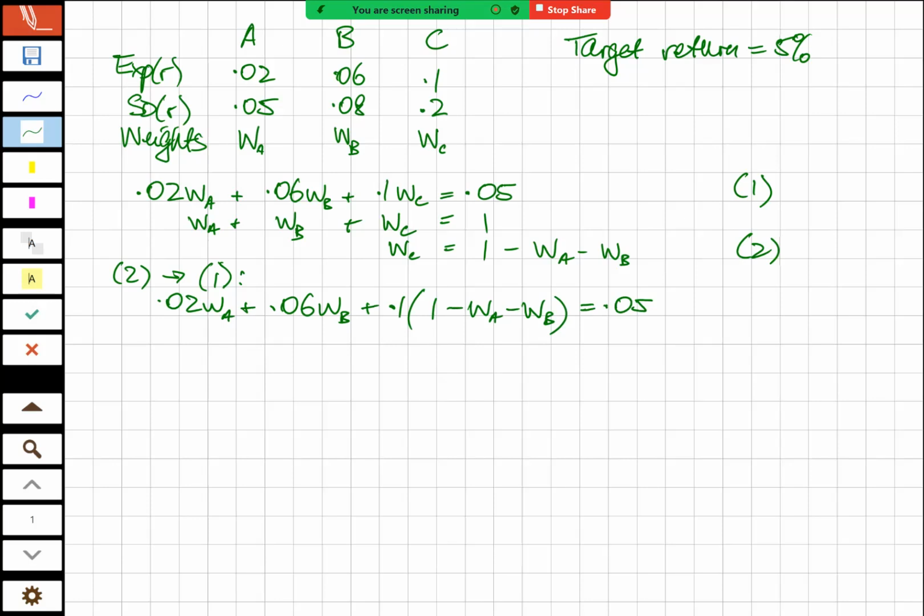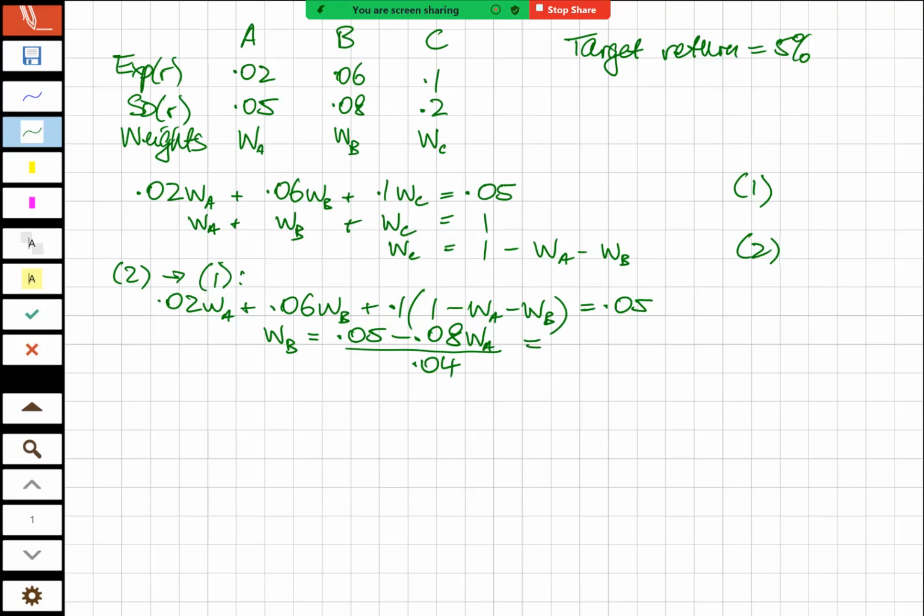Now, when we collect like terms and rearrange this in terms of WB, we end up with 0.05 minus 0.08 WA, and the divisor initially is 0.04.